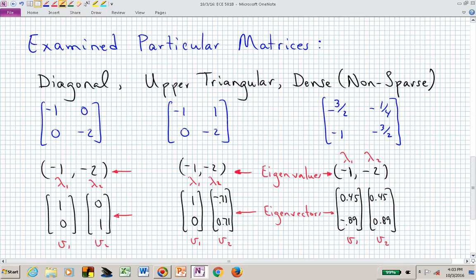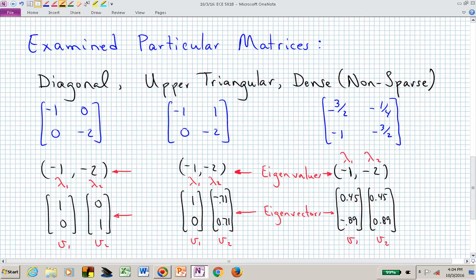And in each of those 3 matrices that are 2 by 2, they all 3 had exactly the same eigenvalues, -1 and -2. But the distinction then comes in the eigenvectors, and I've obviously not carried out the significant figures on the eigenvectors very much, but I'm just trying to illustrate that they are different between the 3 different matrices.